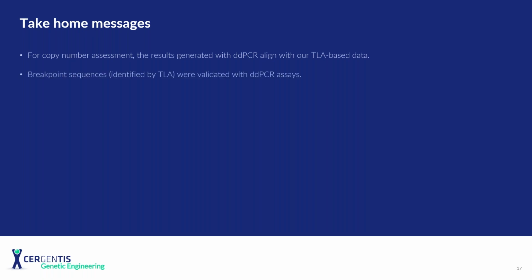So, take-home messages. For copy number assessment, the results generated with ddPCR aligned with our TLA-based data. Breakpoint sequences identified by TLA were validated with ddPCR assays. For accurate copy number assessment, we recommend using the breakpoint sequences as a reference instead of the reference genes.